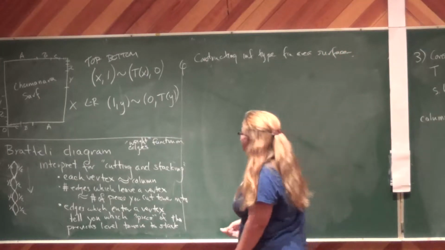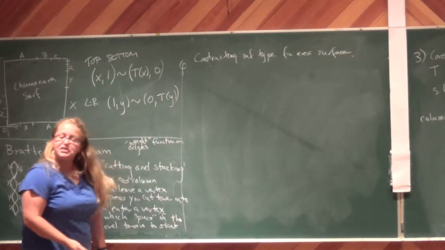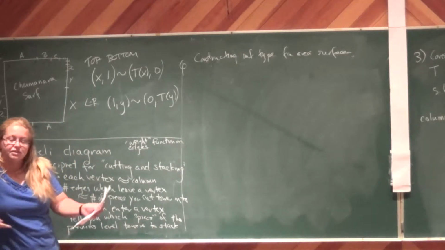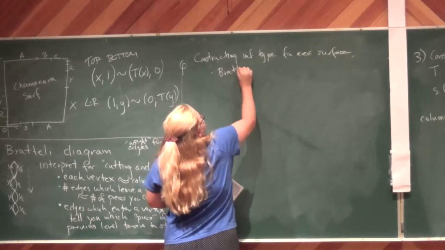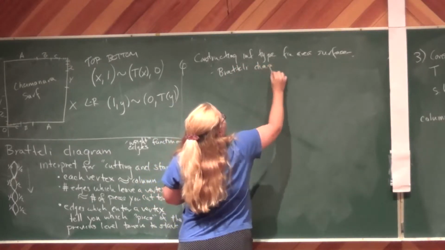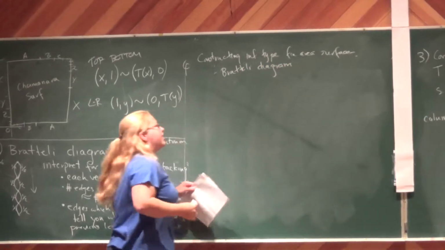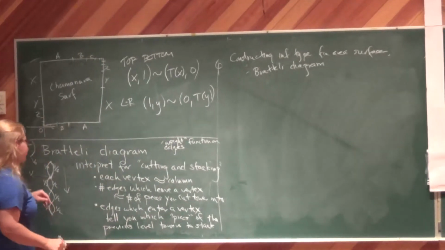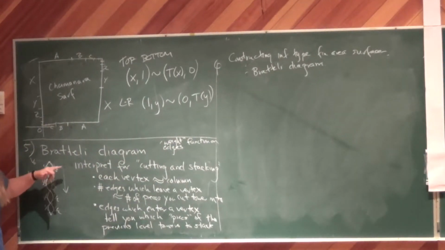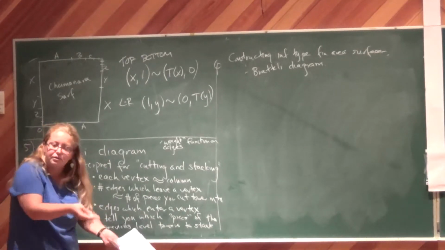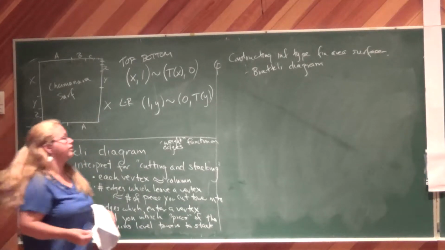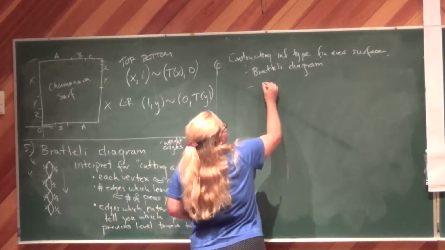The philosophy here is we could start with a Bratteli diagram, which tells us our instructions for cutting and stacking. And we need to have some height and width data on these columns. And that width data has to be compatible with the way we stack the columns.